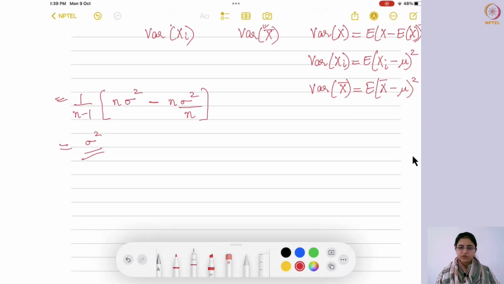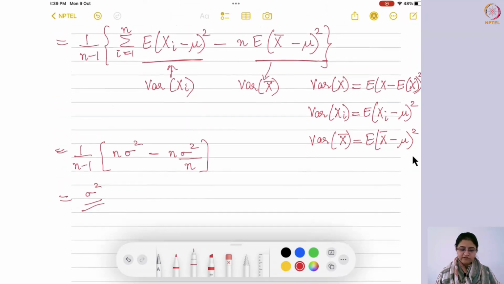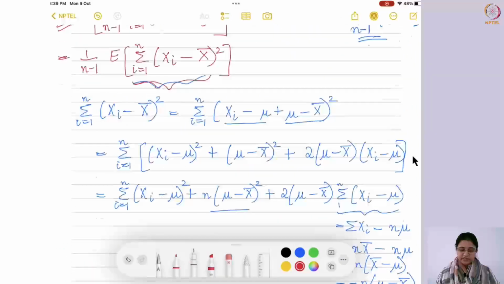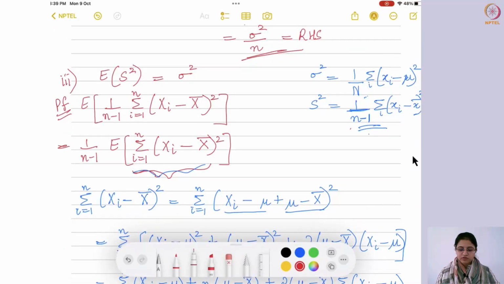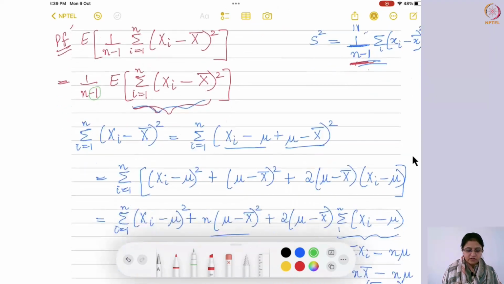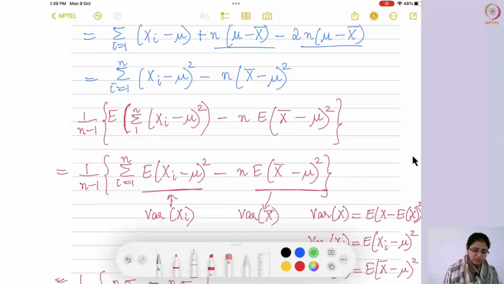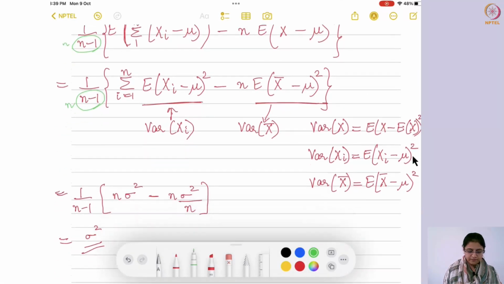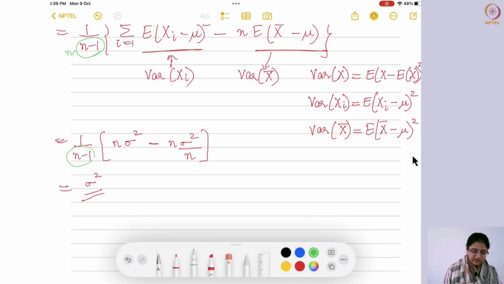Now here you can notice that if you had not taken the sample variance with n minus 1 and instead had taken n, then everywhere this minus 1 would be gone and you would be left with just n. Here also you will have n and here also you will have n.